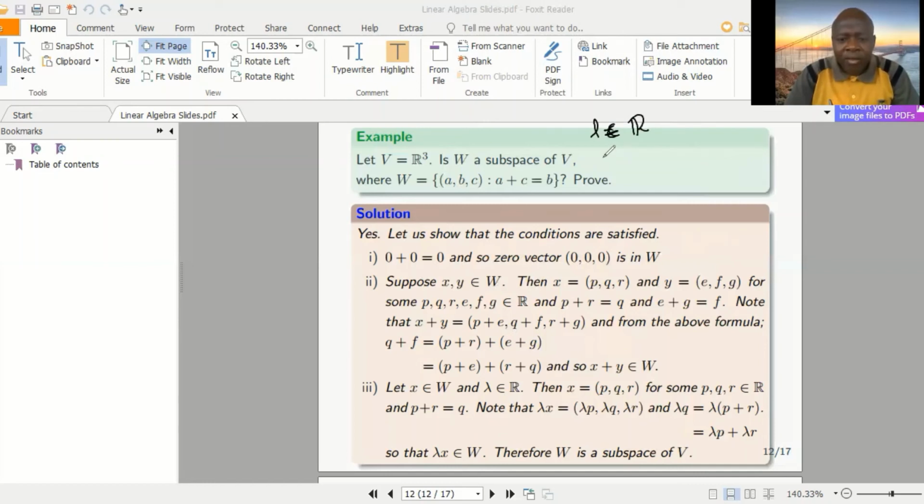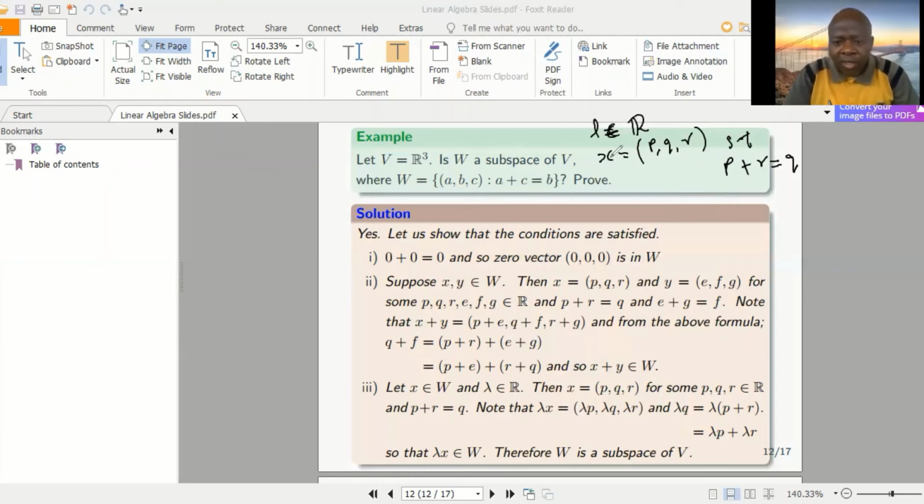And then I choose vector X, which I already know is P, Q, R, such that the sum of P and R gives you Q. That's the condition given here: the sum of the first and the third is the second.